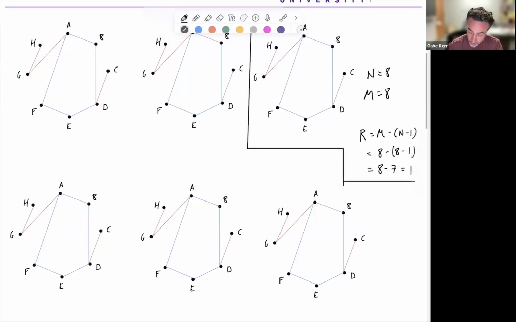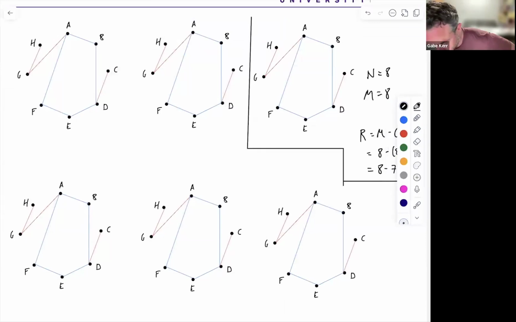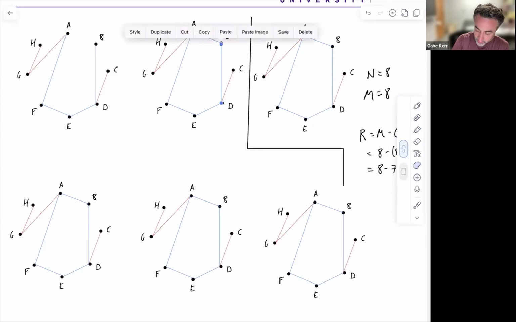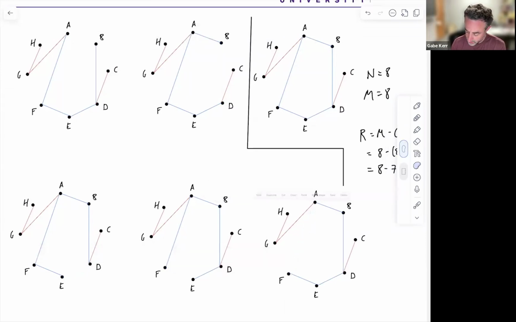So we can see all five copies of this graph. What I want to do is remove one of these edges in each of the copies, but a different one in each. I contend that no matter what I do, I'm going to be left with a spanning tree.